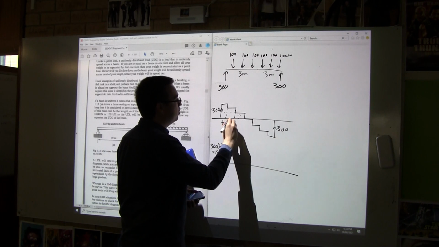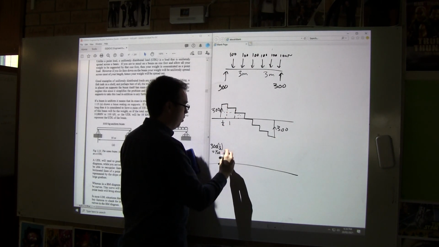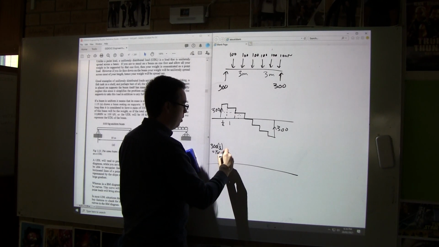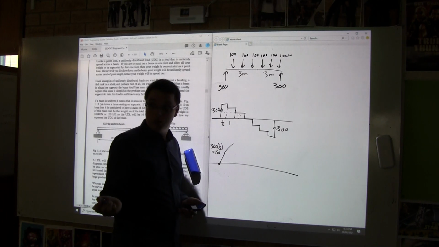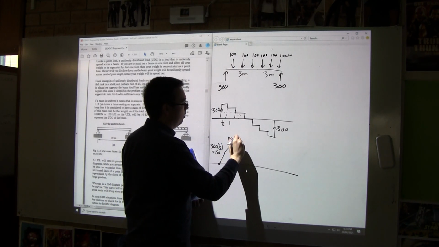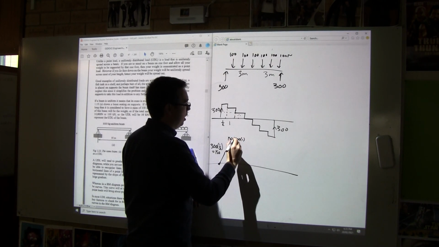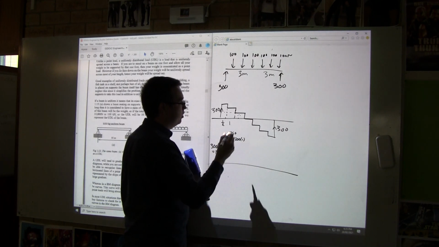The next block is 1 meter wide, but now it's only 200 tall. So we add on 1 block times 200, which is 200. I take 150 plus 200 times 1 equals 350. I'm writing the answer above just because I want to.